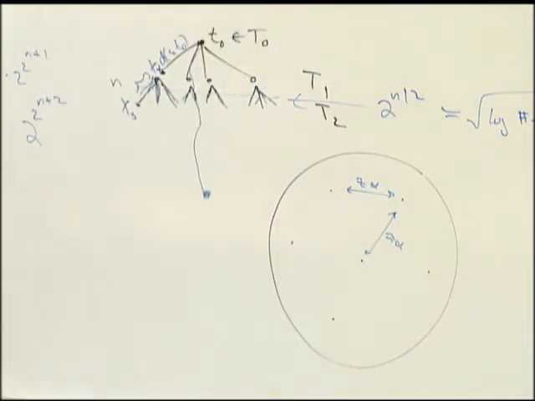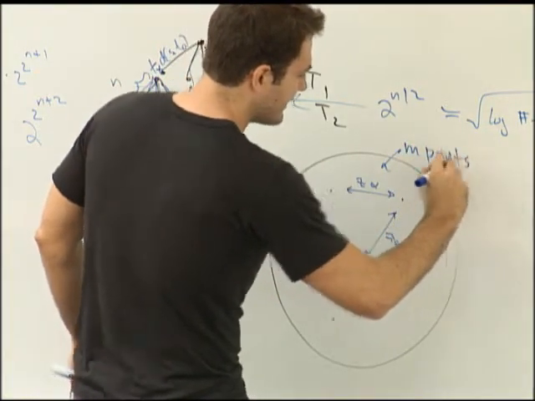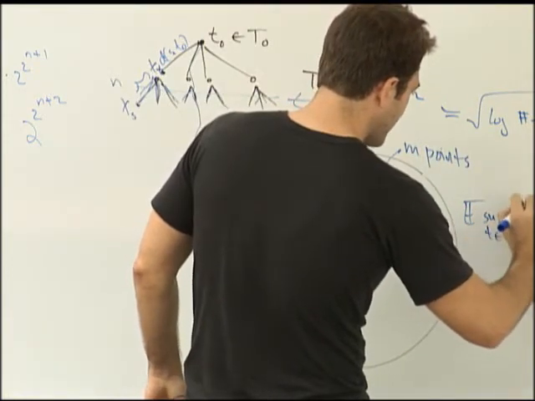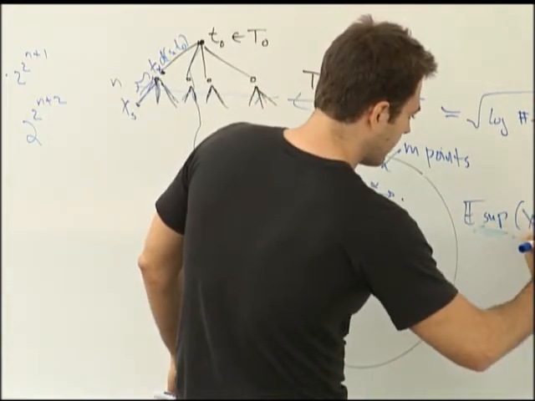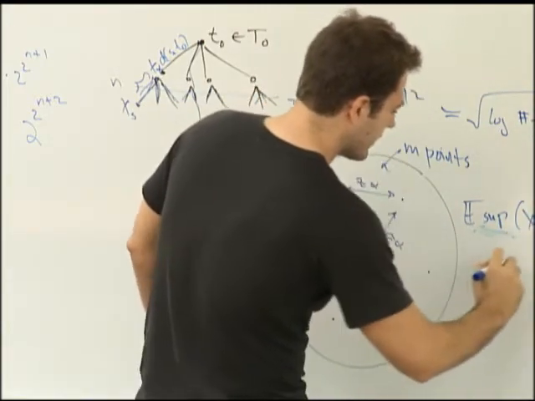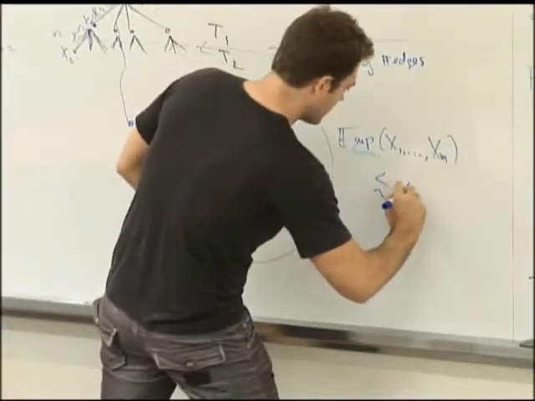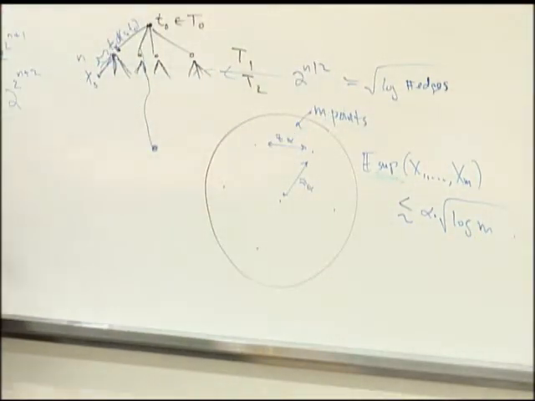We said, okay, look at this inequality, take a union bound. Suppose we have m points here. Then the union bound says that the expected supremum for these m points is going to be about, well, we can prove an upper bound, which is something like alpha times square root log m.